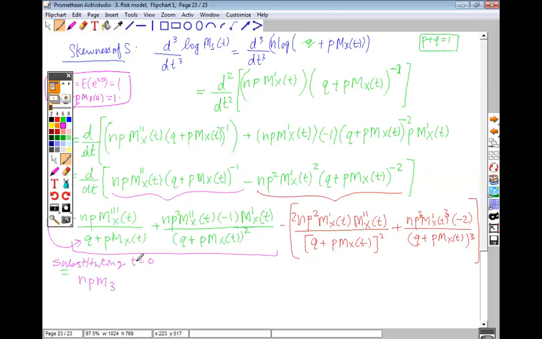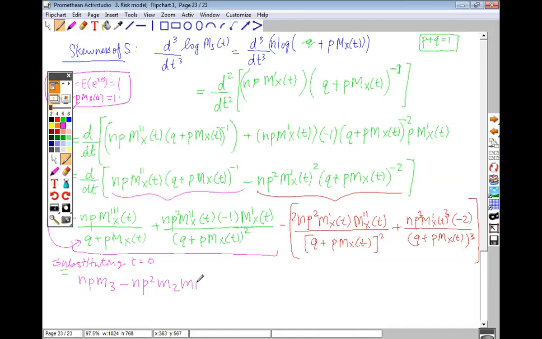Okay, and what do we have next? We have plus NP square, and what will this be? Okay, we have a minus here as well. So let us take that into account as well. So we have minus NP square and M double prime xt. So that would just be M2, and this will be M1.